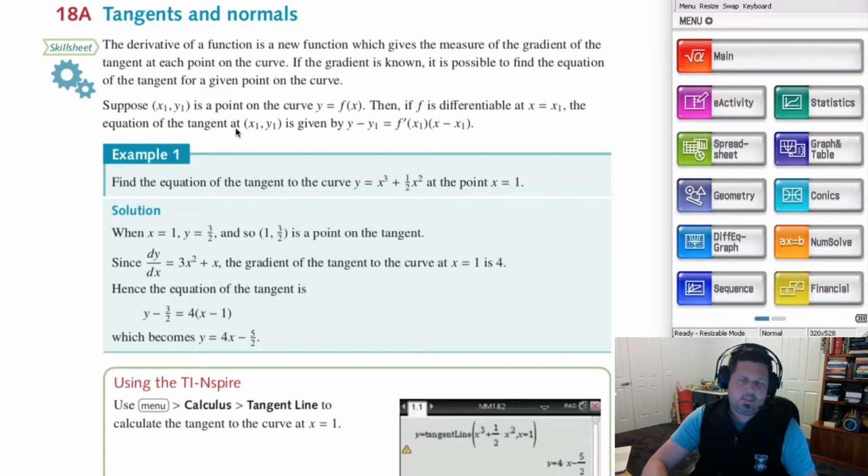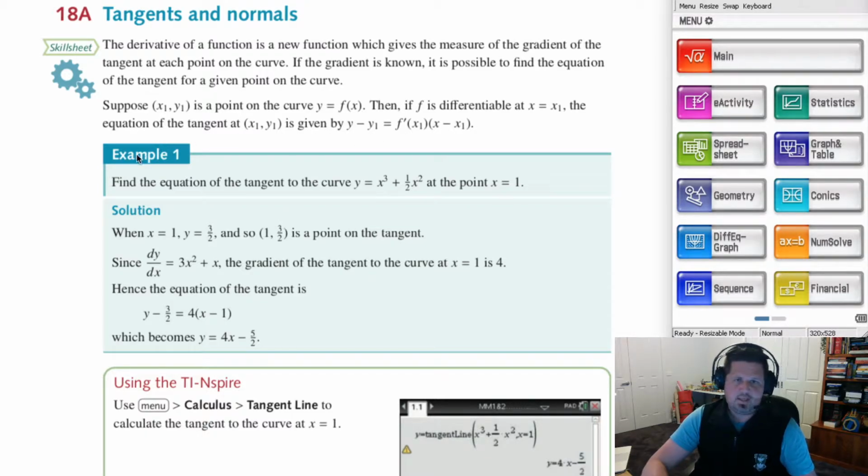It's going to be given by y take away y1 equal to the derivative at that particular point, so the gradient at that point, multiplied by x take away x1.